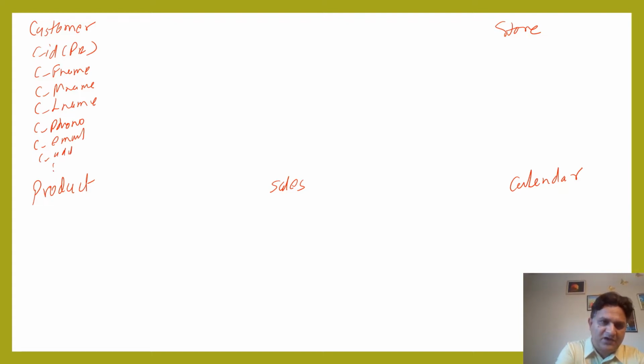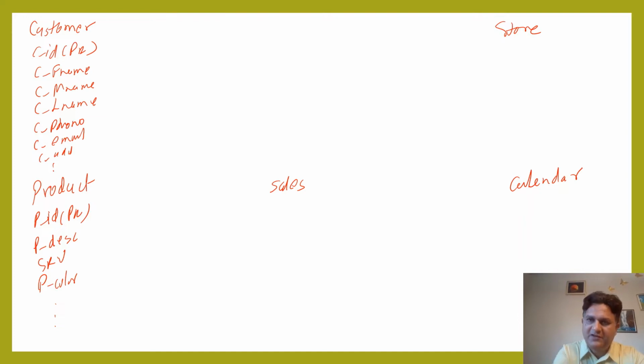We have the product. Product ID is your primary key. Product description, SKU, product color, etc. Let's talk about the store.